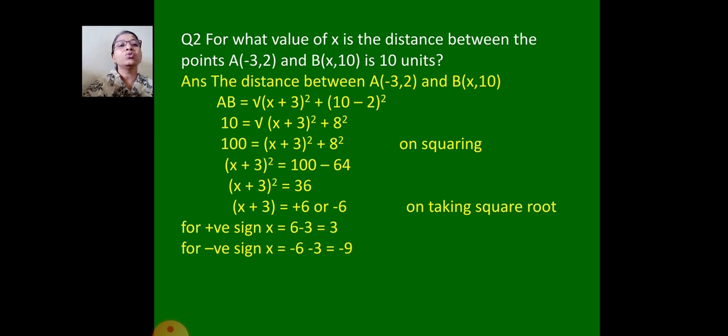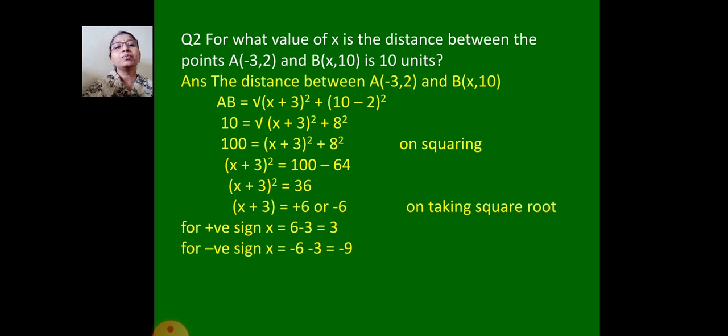So square root of (x plus 3) the whole square plus (10 minus 2) the whole square, right? Distance AB is 10, this is given. So below that AB you write 10 is equal to square root of (x plus 3) the whole square plus 10 minus 2 is 8, square.